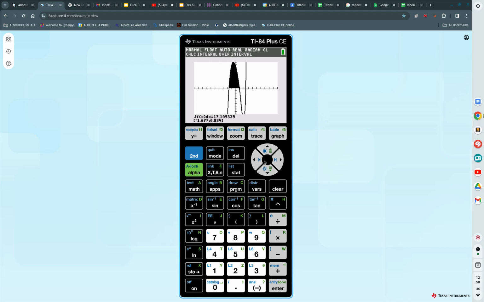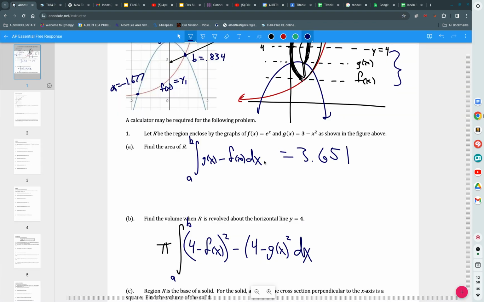Is that my final answer? Right. I have to put the pi in it. So 17.109 pi. And if you wanted to multiply out the pi, that would be just fine. You could leave it like that, or you can multiply it by pi. Either way, they'll accept that answer.